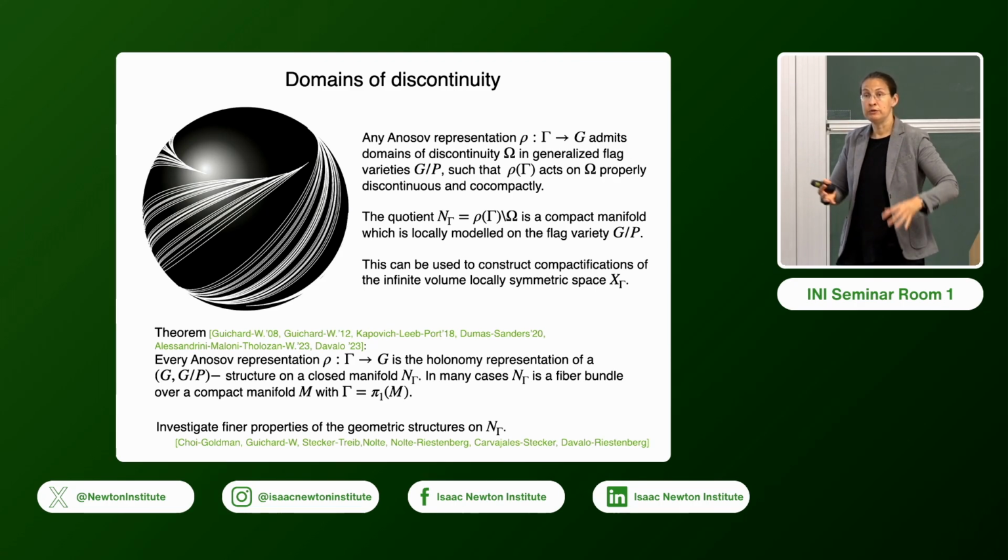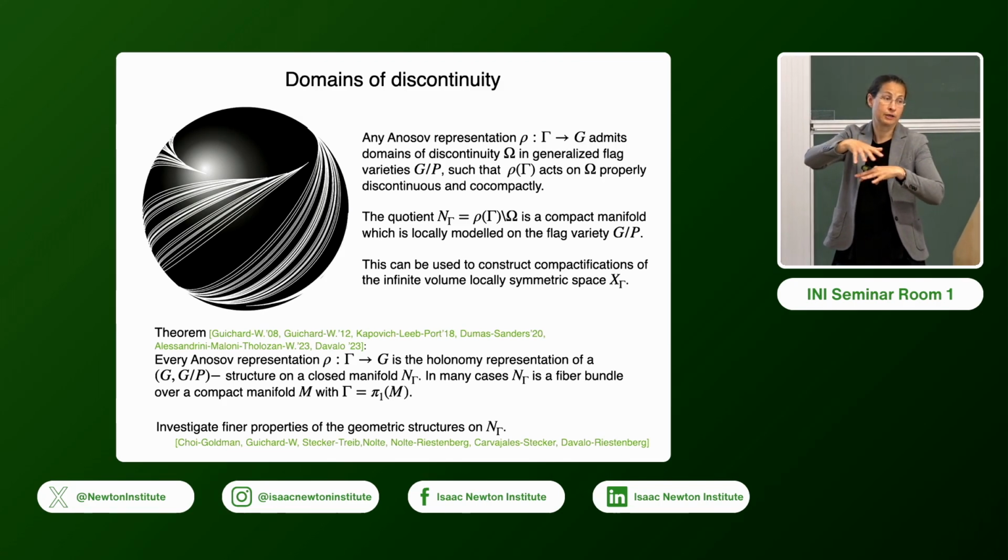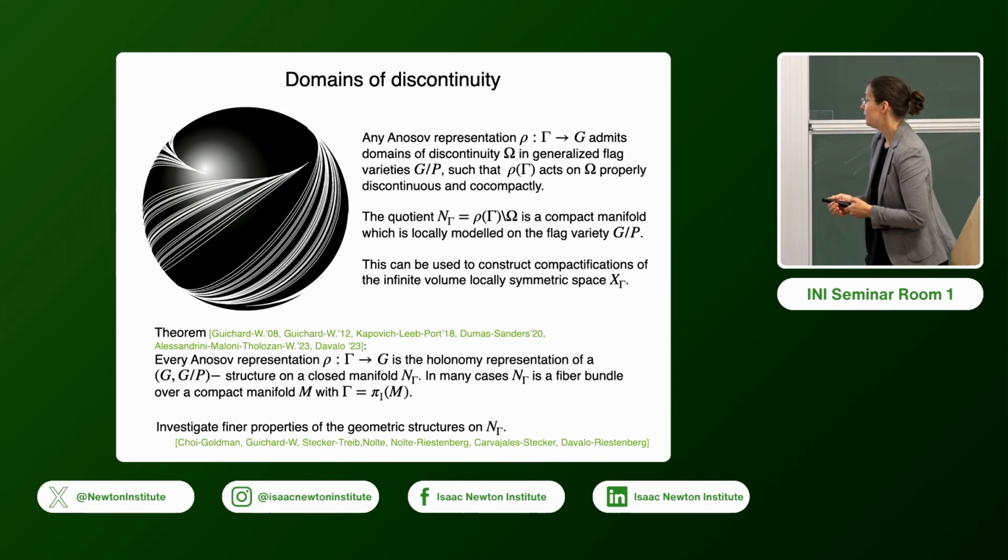But now, because your higher rank symmetric space or higher rank Lie group acts only on higher dimensional homogeneous spaces, this manifold will not be related to, for example, if you start with the fundamental group of a hyperbolic manifold and take an Anosov representation, the manifold you get will not be this hyperbolic manifold, it will be higher dimensional. But in many cases, you get geometric structures on some compact fiber bundles over your hyperbolic manifold.